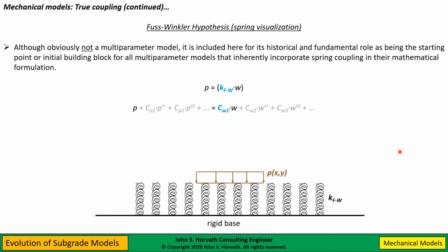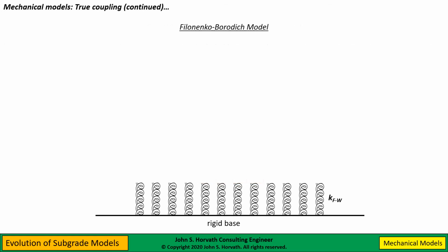Although the Fuss-Winkler hypothesis is obviously not a multi-parameter model, I start by showing it just to have kind of a common viewpoint to see how I build on these other models. And again, we see this is the simplest subgrade model we could have. The oldest multi-parameter model I ever found was the Filanenko-Borodich model. Placed a tension membrane over the spring layer.